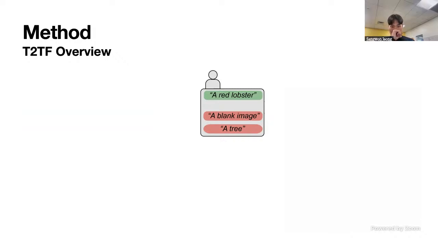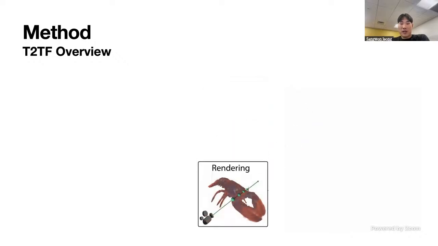Next, let's move on to the methods overview. At the beginning, a user provides a natural language description of the object that they want to render, along with optional descriptions of objects they wish to avoid. Now, these text inputs are encoded by the text encoder of a vision language model, producing individual embedding vectors. Simultaneously, a volume renderer creates images of the volume using an initialized transfer function and random camera poses.